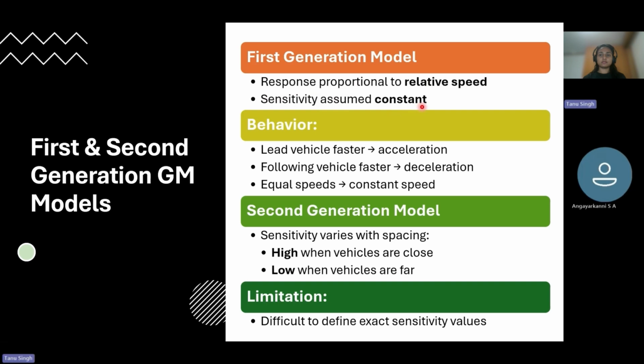So this is the formula where x double dot is the acceleration, whereas alpha is sensitivity, and this is the relative speed.